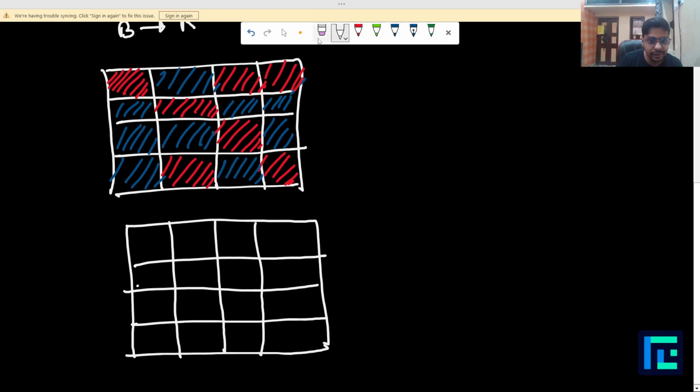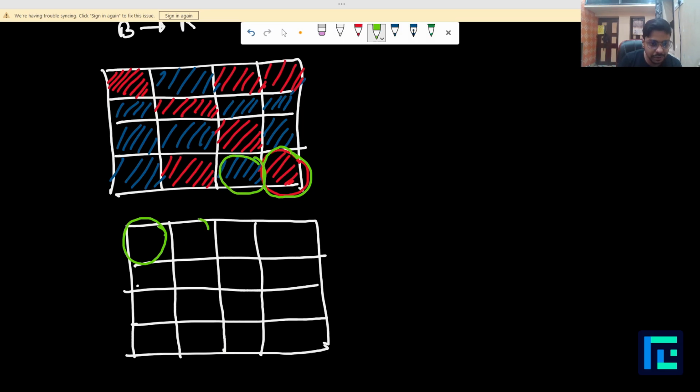Now if you try to shade the colors, you will see that whatever was the color in this particular cell, that color will come exactly in this cell. Whatever was the color in this cell, that color will come exactly in this cell.